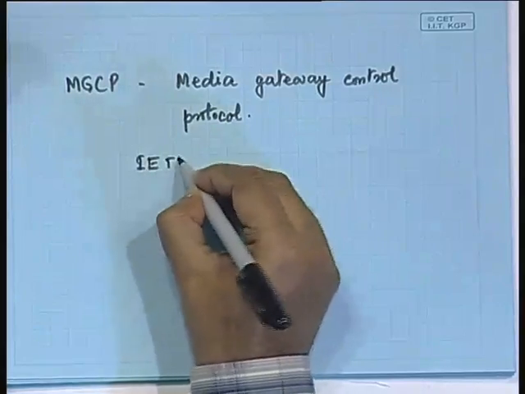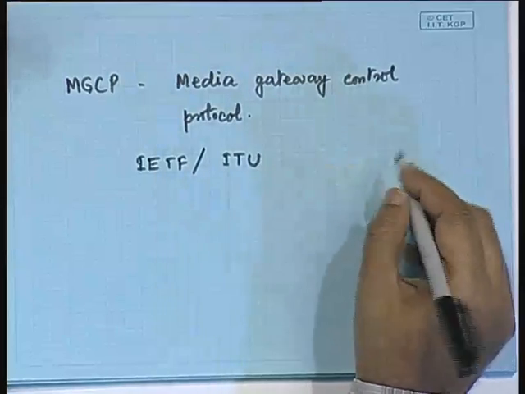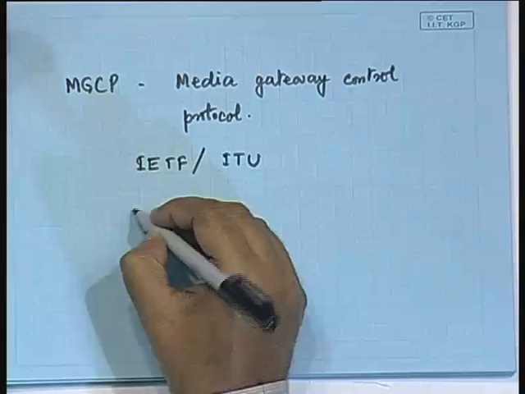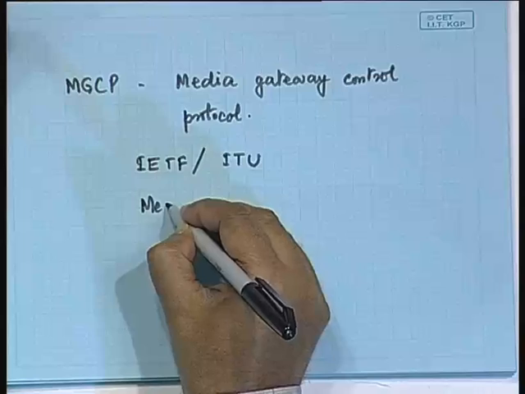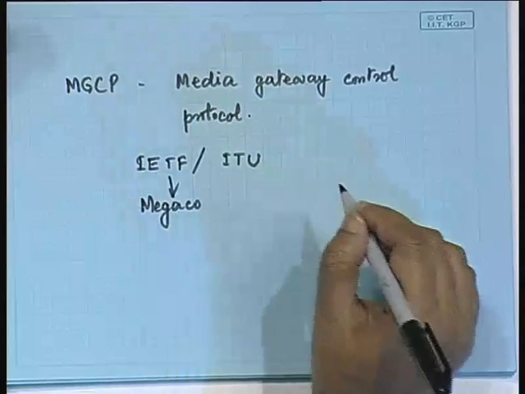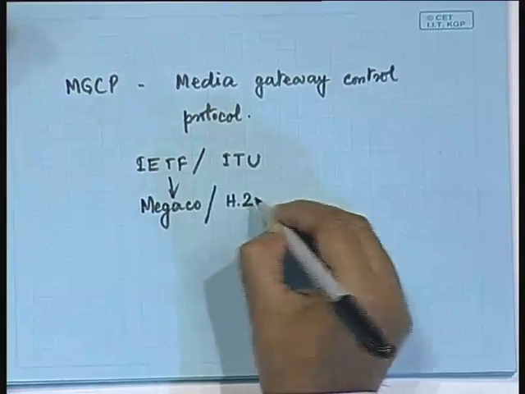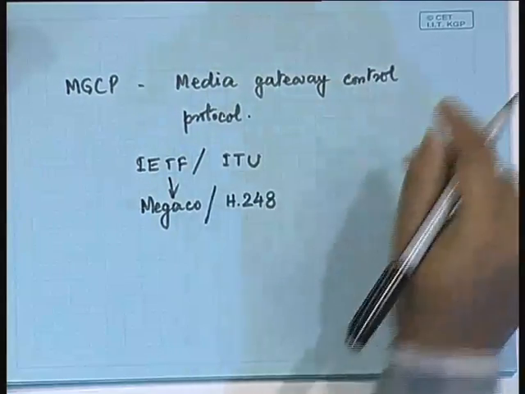And that is where the ITU and the IETF worked jointly, and they came up with a standard which is referred to as the Megaco in the IETF parlance, and ITU refers to this as H.248.